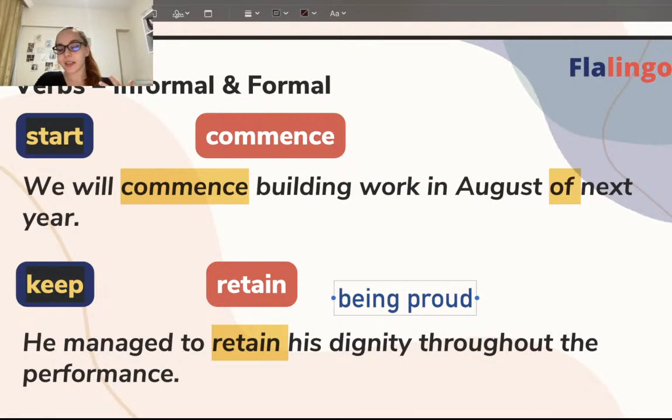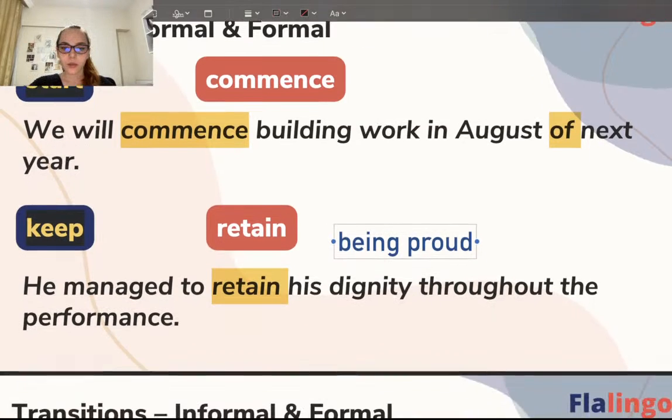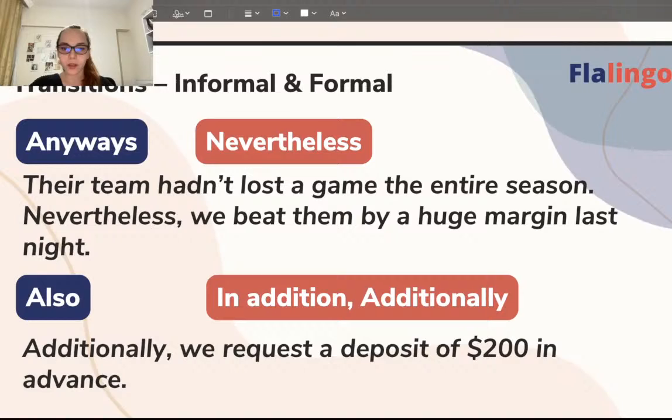He succeeded, he was successful to, how can I say, keep his pride throughout the performance. We can also give that example as well. Okay. All right. So if you don't have any questions, let's continue because we don't have much time.